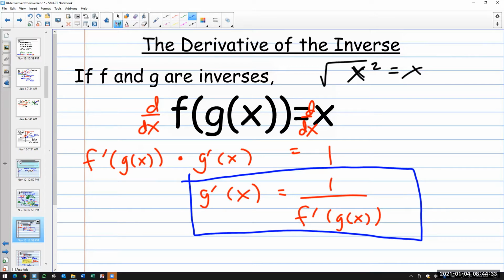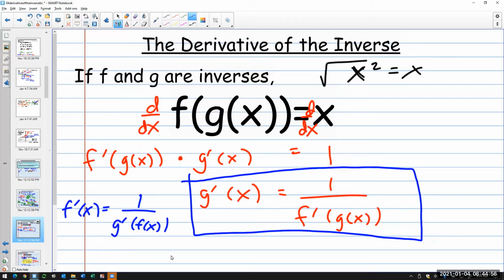So write this down in your formula sheet on page 2, guys. This is the formula you need to know. If f and g are inverses, then g prime of x is equal to 1 over f prime of g of x. And likewise, f prime of x is equal to 1 over g prime of f of x. They're basically the same, since g and f are inverses of each other.